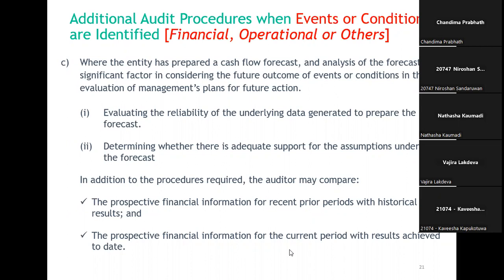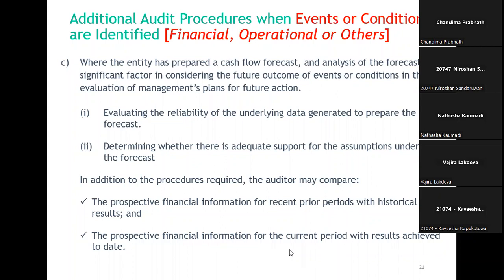In addition to the procedures required, the auditor may compare the prospective financial information for recent prior periods with historical results. That is, to see whether, if you consider the historical budgets, the actuals are way below the budget, or whether budgets and actuals correspond to each other with minimal variance, just to see the reliability of their forecasting, right? The prospective financial information for the current period with results achieved to date.